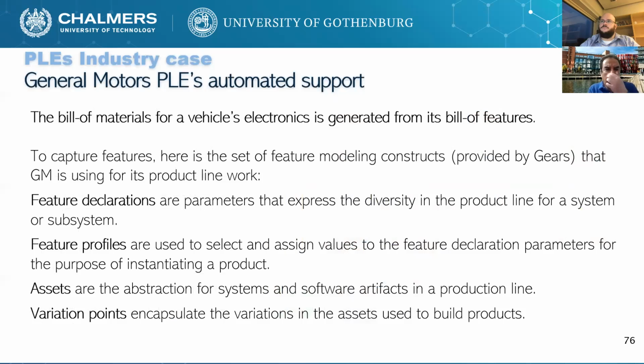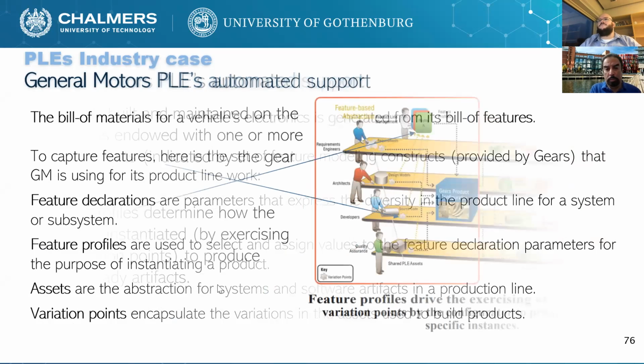And we mentioned some information about how Gears, as an automation tool like FeatureIDE or pure::variants, is helping them define these things. They have feature declaration, feature profile, feature variation points, and defining the assets. All of this is done inside Gears.